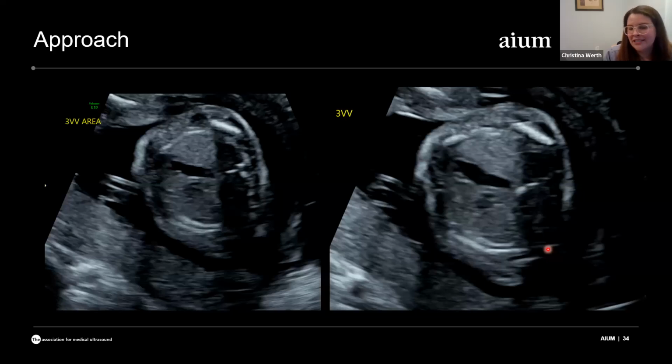I'm always surprised when I'm working with learners in our department when they tell me that they weren't able to obtain a view and I say, oh, did you have a hard time because of the position or do you think something's going on with it? And they say, I think something's going on with it. And so then when I'm ready to look at the pictures, a lot of times I hear, well, I didn't take a picture of it because I wasn't sure. Always take a picture of it, even if you think it's abnormal.